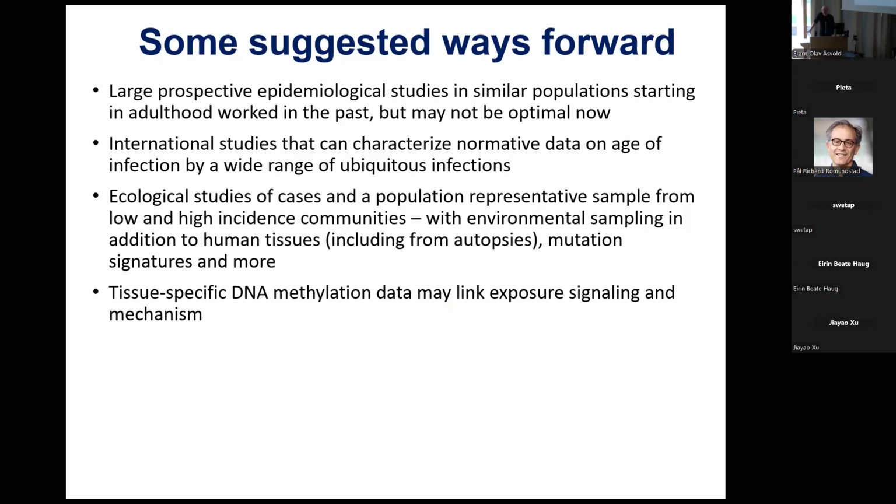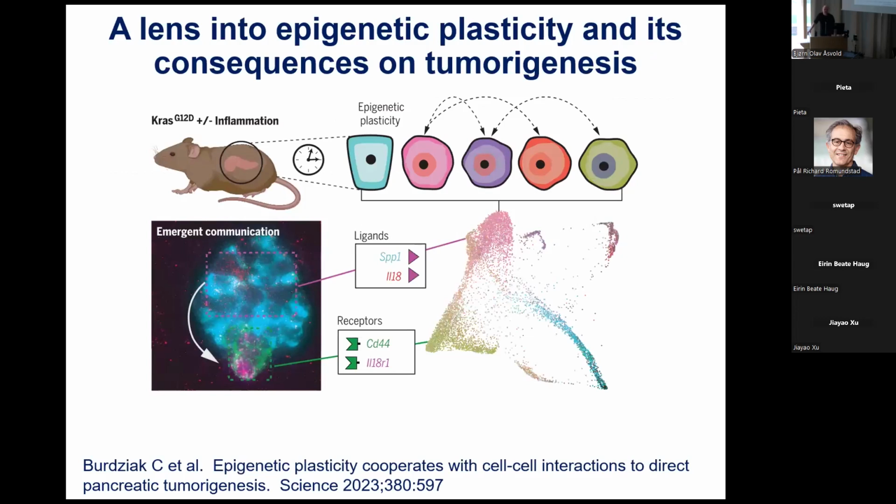But blood is probably the wrong tissue for most conditions. There are a couple of really nice recent papers using animal models and some human data: if you get the specific tissue data, you might be able to notice epigenetic signatures which relate to a particular exposure, but which might also be part of the mechanism.